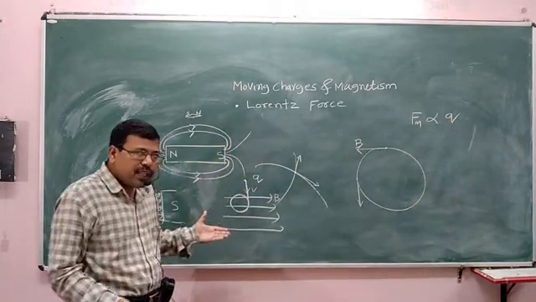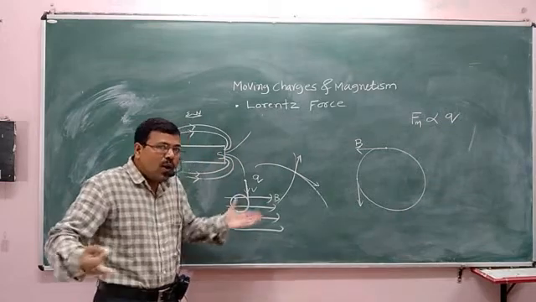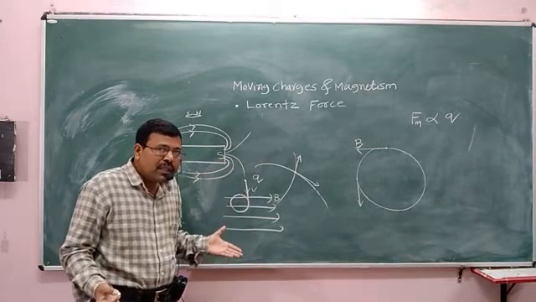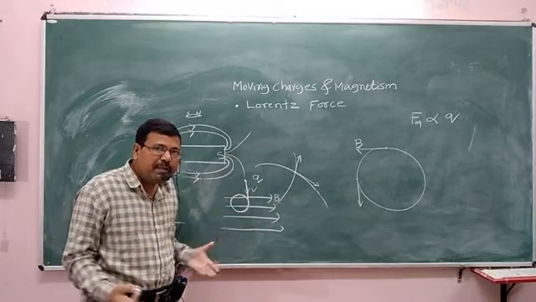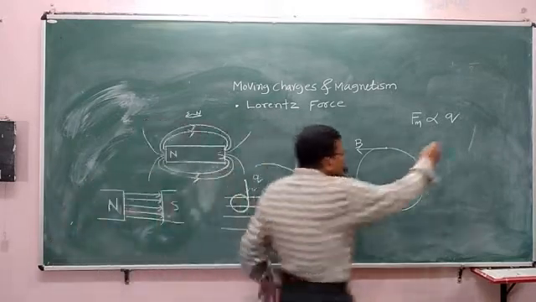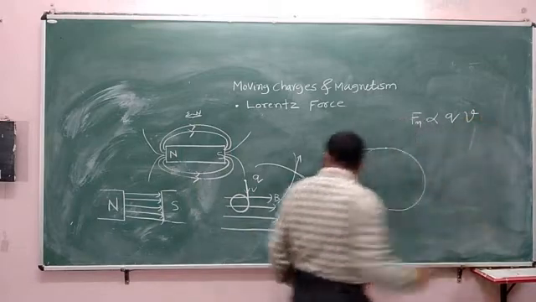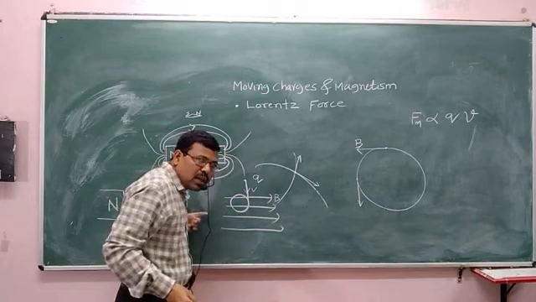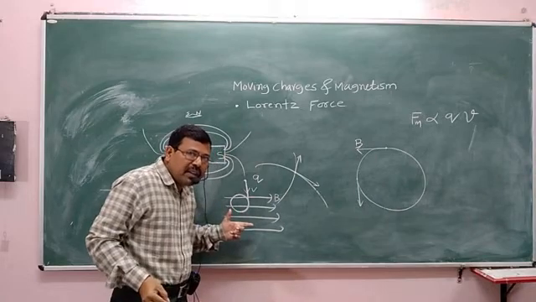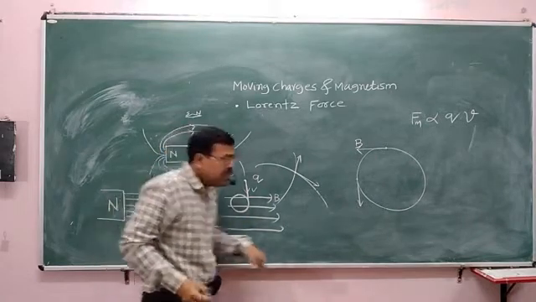And the force experienced by a charge also depends on the cross product of two vectors, V and B. It depends on the velocity of the charged particle, and on the strength of the magnetic field in which the charge is entering.